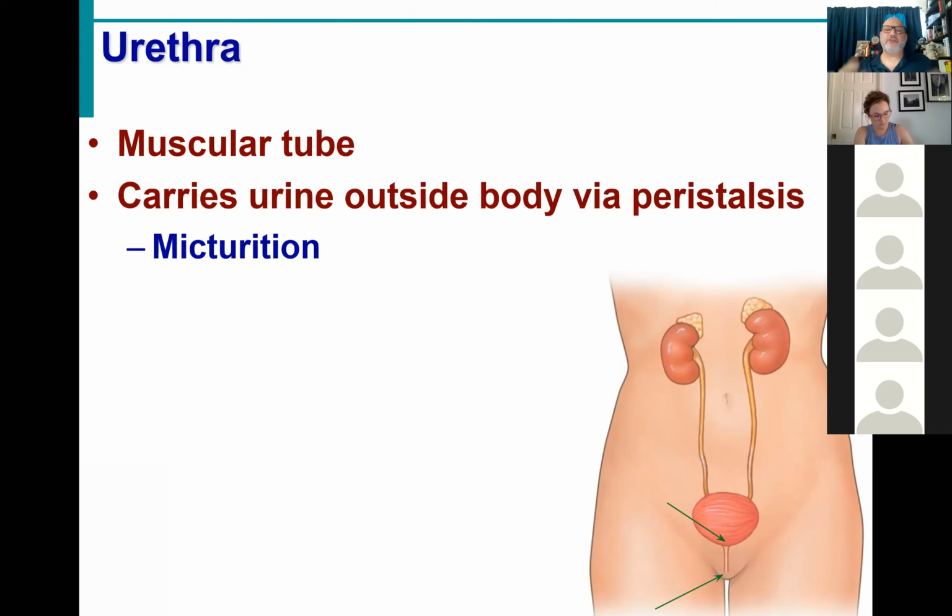Now, when you first start to void urine from your body, a process called micturition, the flow is fairly consistent and continuous. And that is again because of the pressure inside of the bladder as that elasticity of the bladder is pushing on the urine and forcing it out.